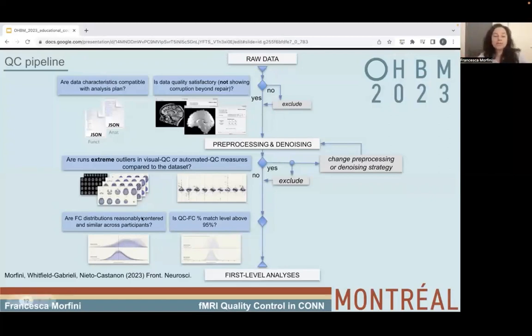This can be done at a run or subject level by looking at the functional distribution plots, and also at the dataset level by assessing the associations between quality control metrics, such as nuisance factors, and functional connectivity values.